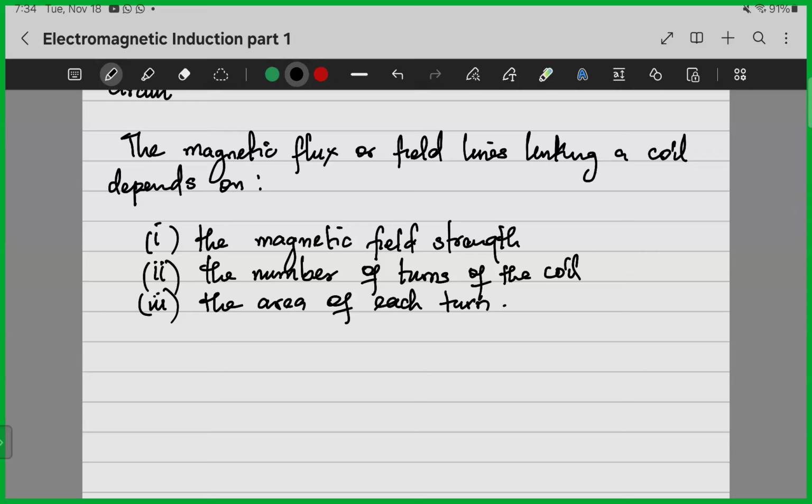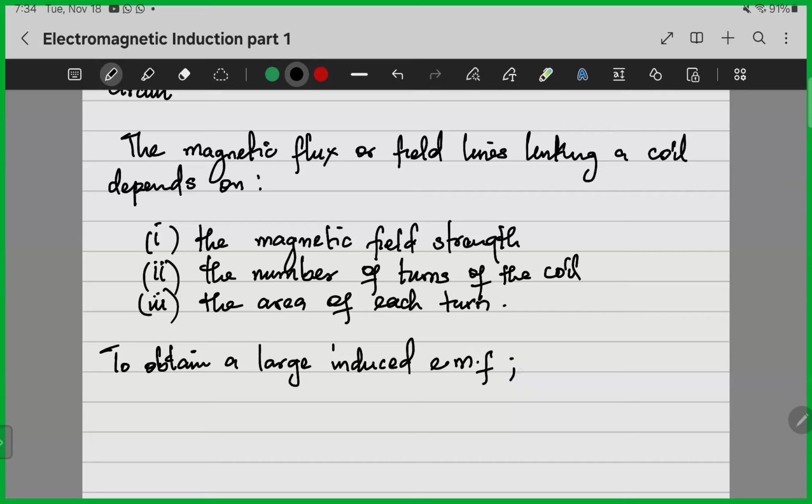Now, to obtain a large induced EMF, the idea is to move.